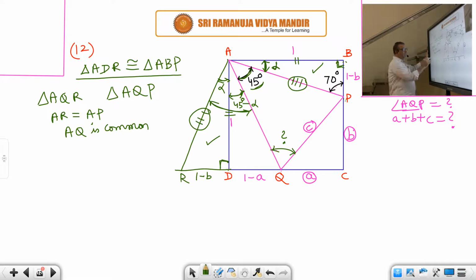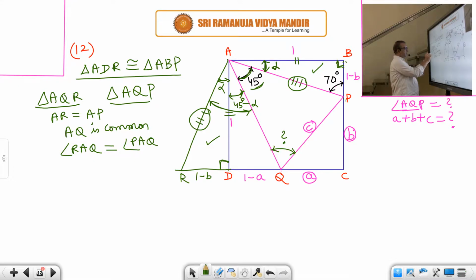So angles are equal. Angle RAQ in the triangle AQR is equal to angle PAQ in the triangle AQP.